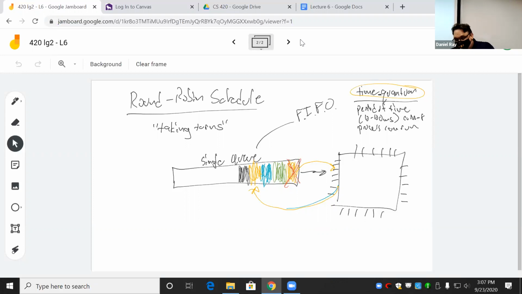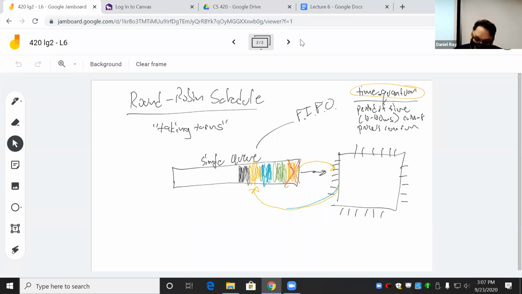This queue does not contain any blocked processes. These are all ready processes. Okay, as long as you're ready, you get moved onto the processor for a period of time, and you get moved off if you're not done yet. If you're done, then you leave the system. Okay, you exit. Your process is done.